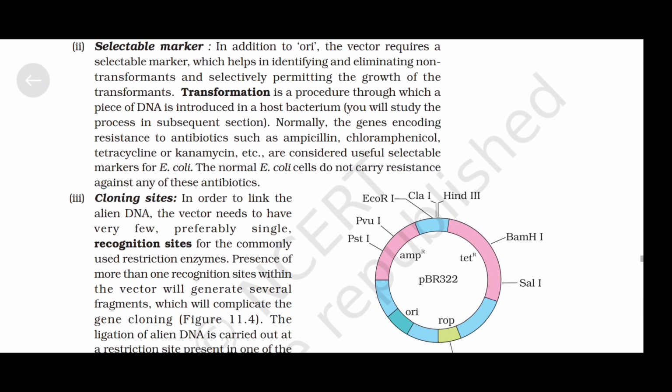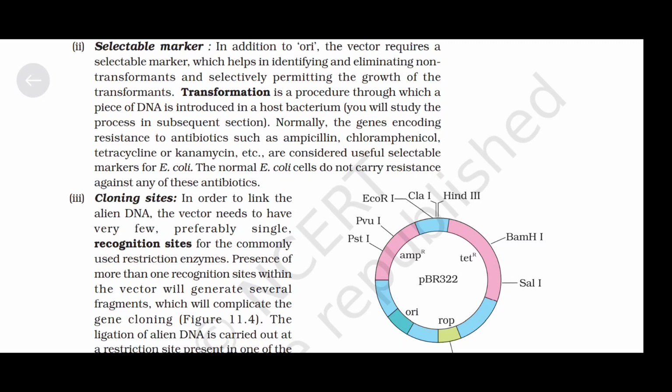Normally, the genes encoding resistance to antibiotics such as ampicillin, chloramphenicol, tetracycline or kanamycin etc. are considered useful selectable markers for E. coli. The normal E. coli cells do not carry resistance against any of these antibiotics.